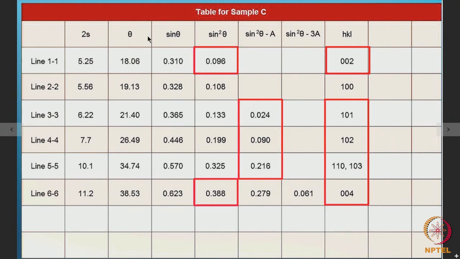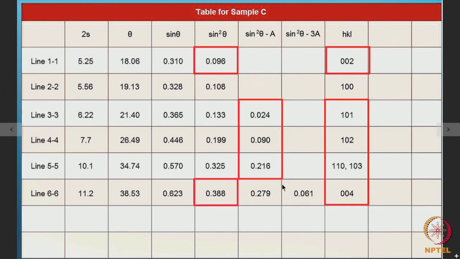So, here we find that this value for line pair 3, 3 is 0.024, whereas this value here, which is sin square theta minus 0 into a, is 0.096, 4 times. This is also for line pair 4, this is also almost 4 times this value.